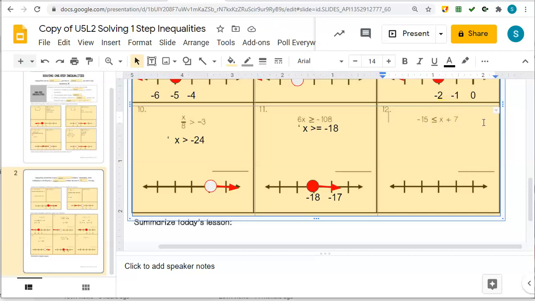Here, we need to get rid of that plus 7, so we're going to subtract 7 from both sides. And negative 15 minus 7 is going to be less than or equal to x. So that's negative 22 is less than or equal to x, which is the same as x is greater than or equal to negative 22.